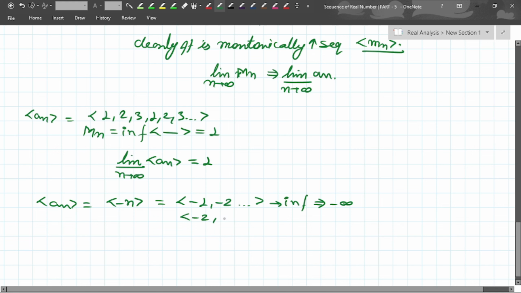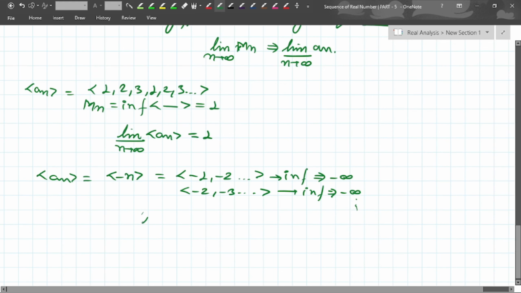If I take minus 2, minus 3, the infimum is again minus infinity. So every time it will be minus infinity. So the limit as n tends to infinity, the limit inferior of this an, is minus infinity. This is the concept of limit inferior and limit superior.